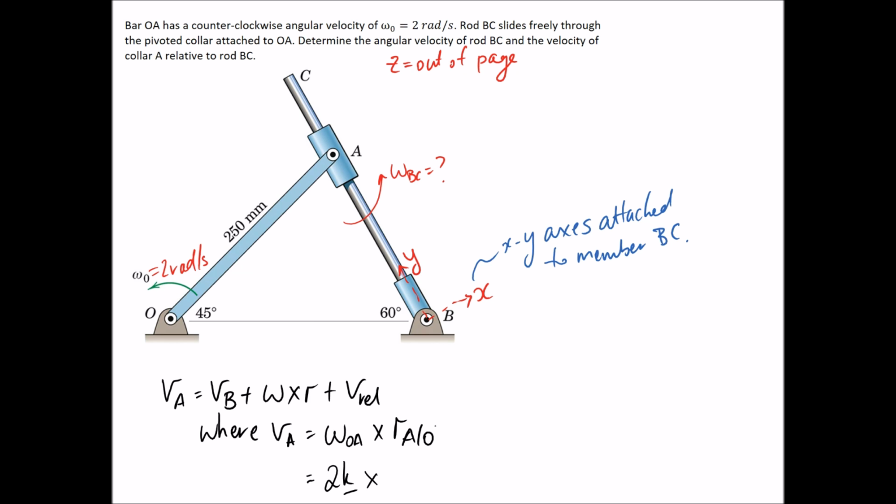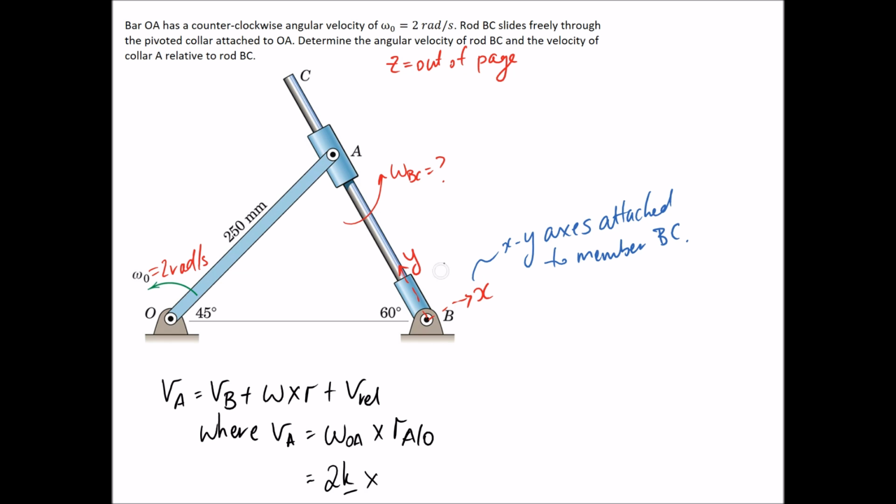This comes to be a little bit more tricky than usual because of the way we've defined our xy axes. The y-axis is pointed in line with this member instead of vertically upward. I should mention you can do it with the y-axis vertically upward; you're just going to have challenges in other parts in converting your things into x and y directions.